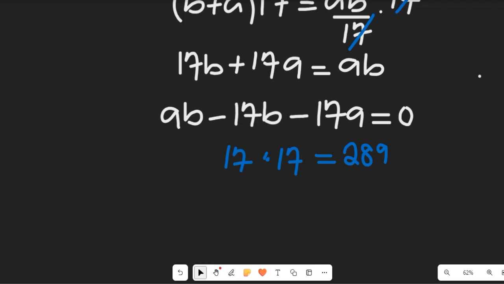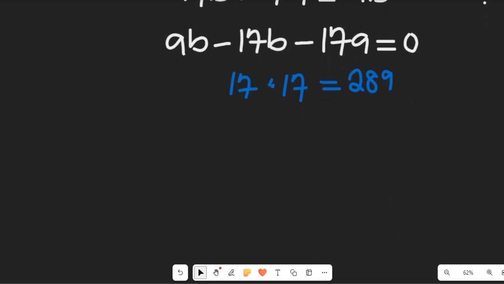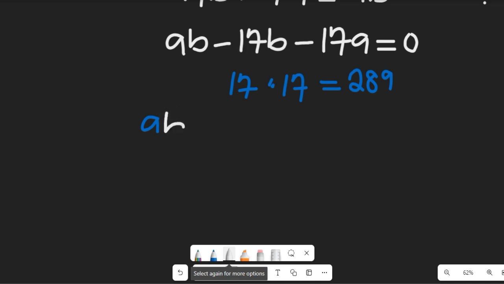So I'm going to do something. In this expression, I'm going to add 289 and subtract 289. That way, I won't touch the expression. So this will give me ab minus 17b minus 17a, right?